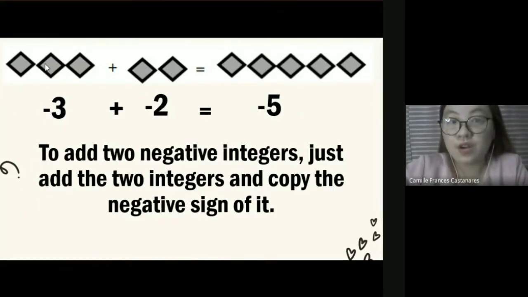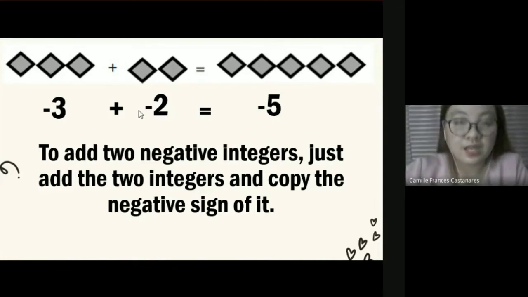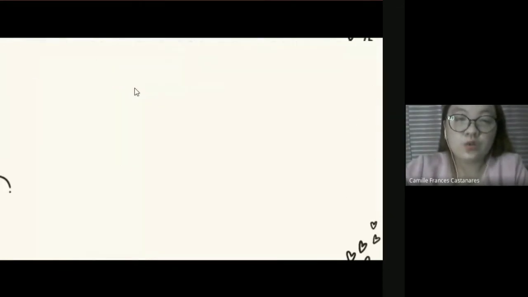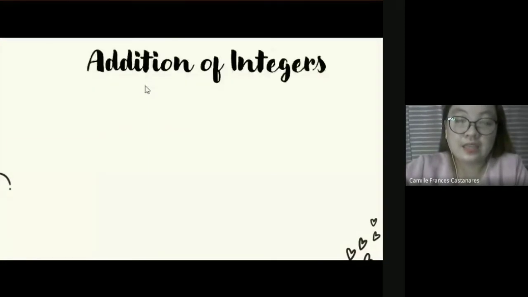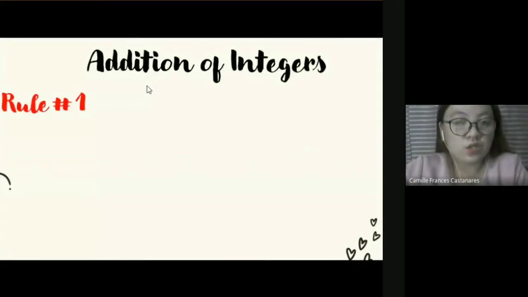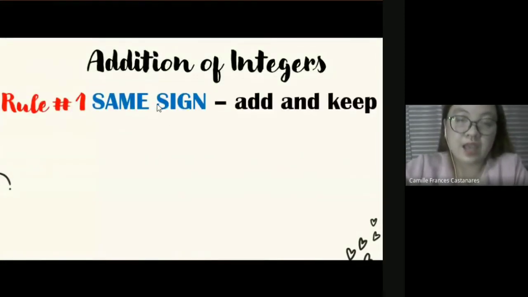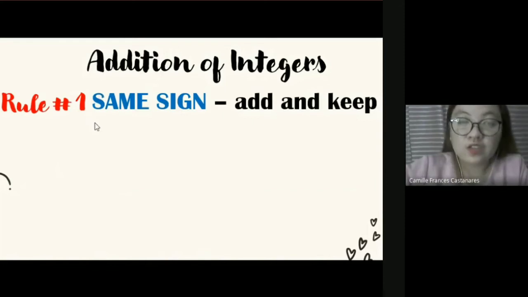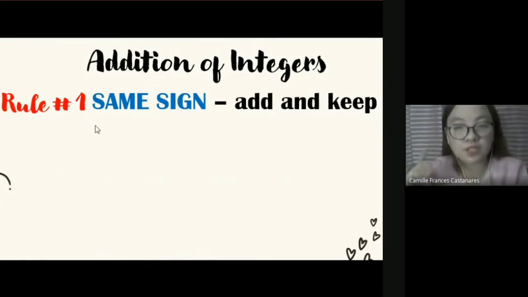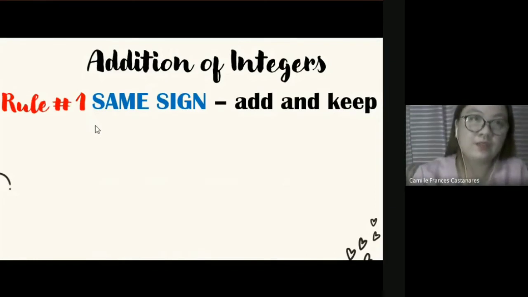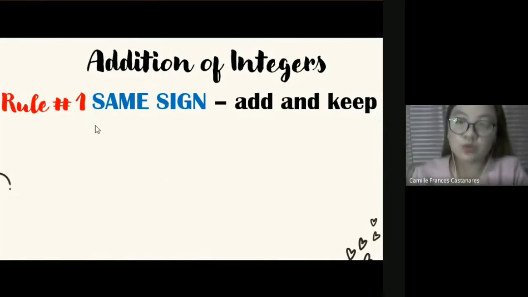So, pag pareho lang yun ng sign ha, meron tayong positive sign and negative sign. So, ito yung rules natin in adding integers. So, first rule is, same sign, ang gagawin natin is to add and to keep. Ano ba ibig sabihin ng same sign? So, halimbawa, positive 1 plus positive 1. O kaya, negative 2 plus negative 2.